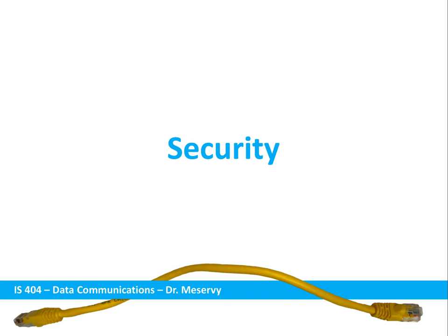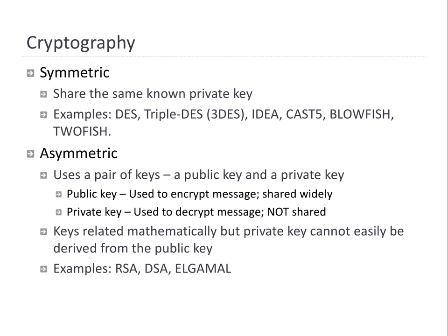Lastly, we talked about security in the class. We talked about symmetric cryptography, this idea that if you create a key and give it to both the sender and the receiver, you can decrypt the message. You just have one key, and as long as it's shared and secret, your communications should be secure. There's another type of cryptography which is asymmetric, which means there are two different keys, a public key and a private key.